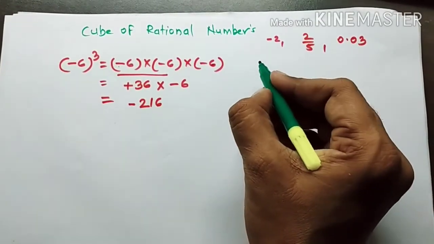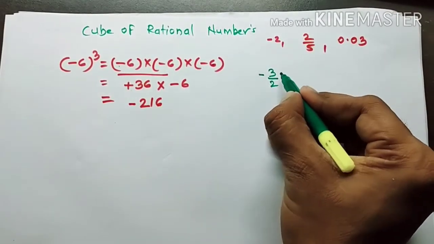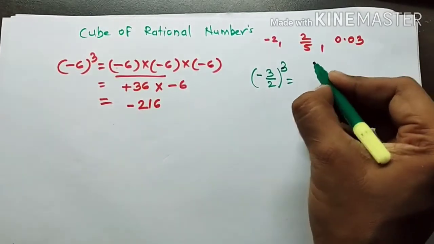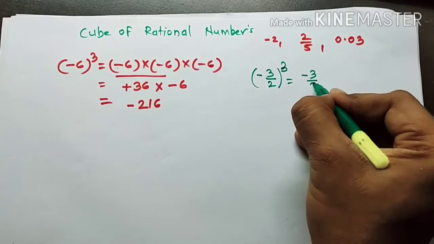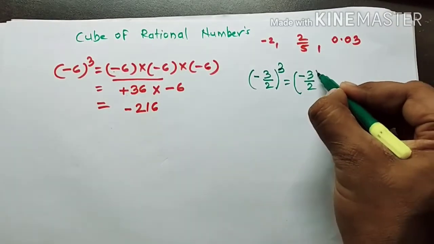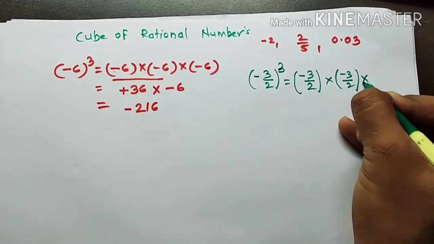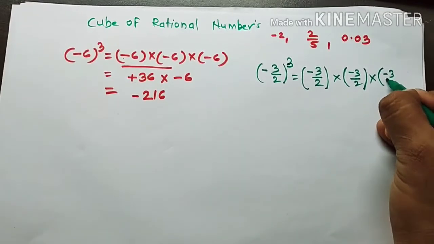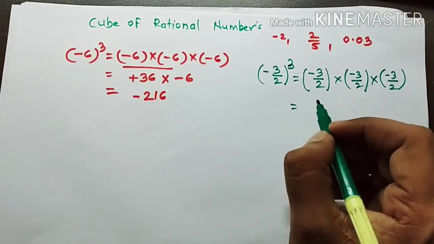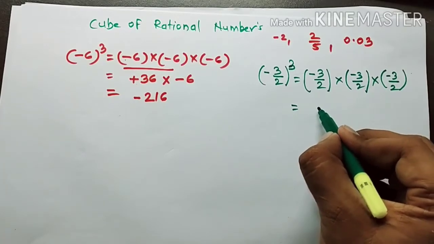Now take another example. Minus 3 upon 2 cube. Minus 3 upon 2, give it in a bracket, minus 3 upon 2, minus 3 upon 2. Here also this method is useful.